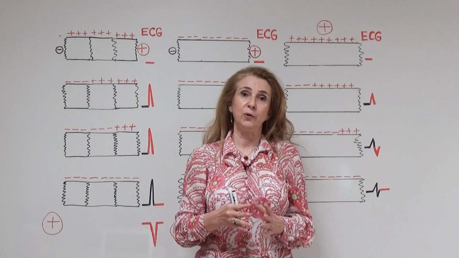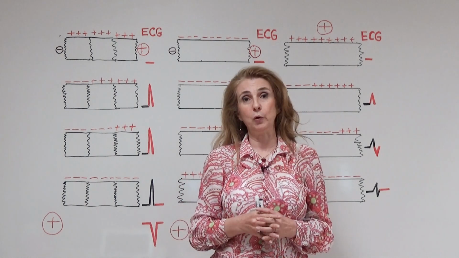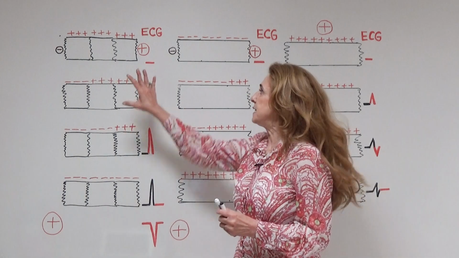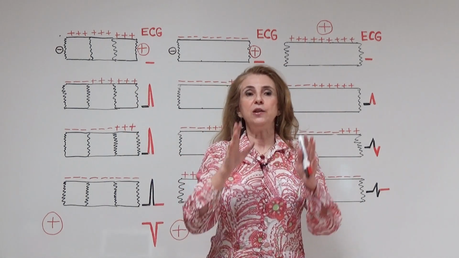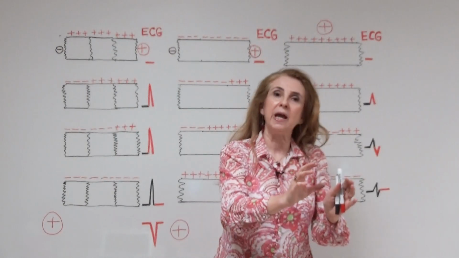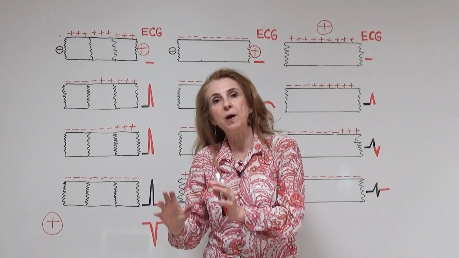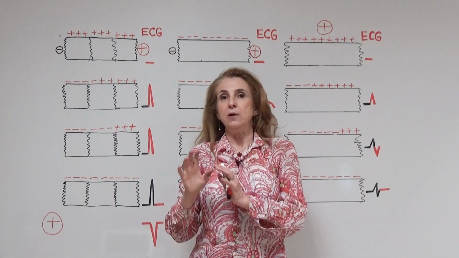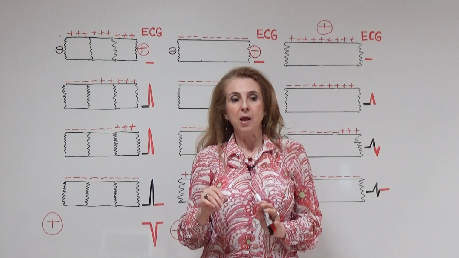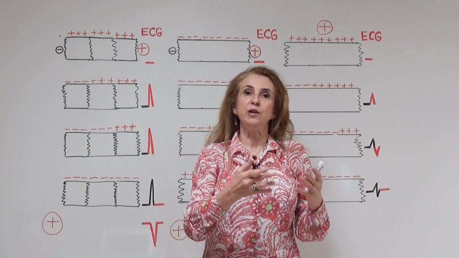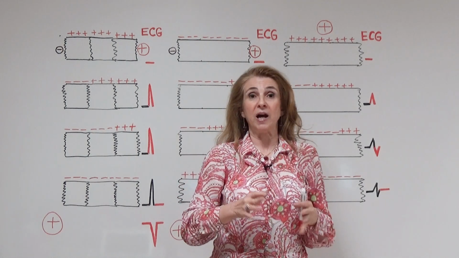Before finishing the video, I have to stress a very important point. These cells that produce the dipole, either all of them are going to be in the atria or all of them are going to be in the ventricles. You cannot have some of them in the atria and some of them in the ventricles. For example, all the atrial muscle cells may be depolarized.